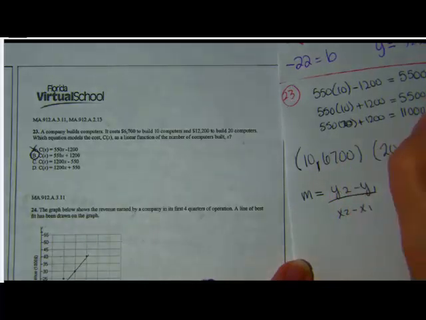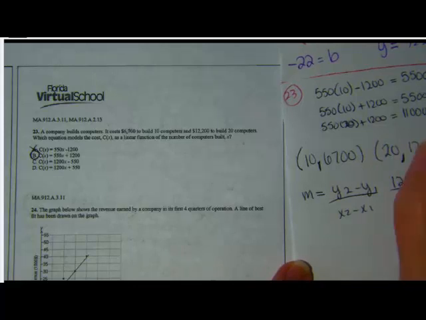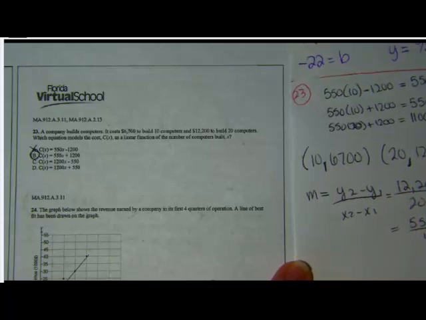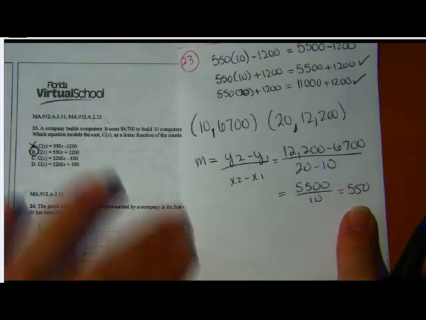I would do 12,200 minus 6,700 over 20 minus 10, and I'd get 5,500 over 10, which is 550. So my slope was 550.